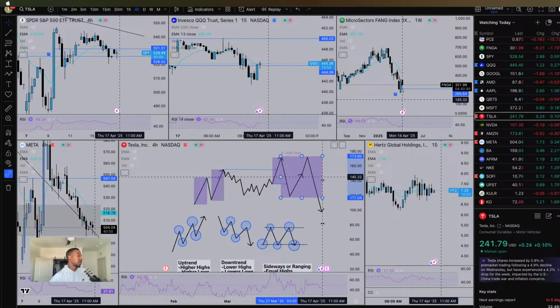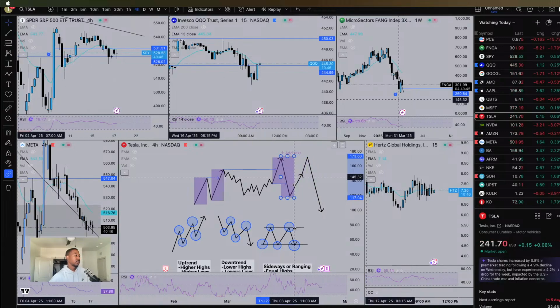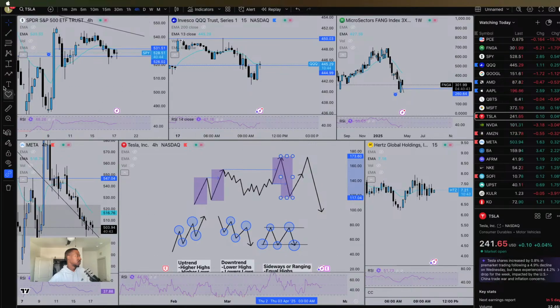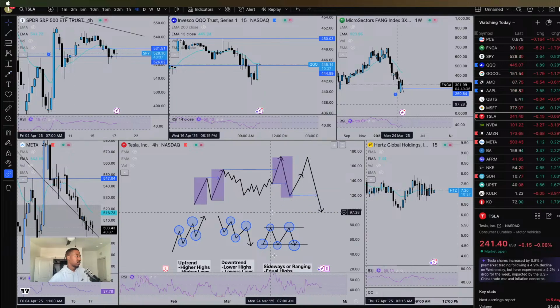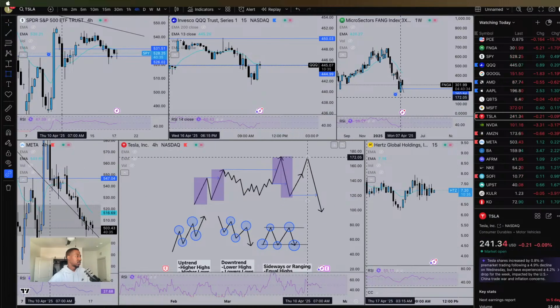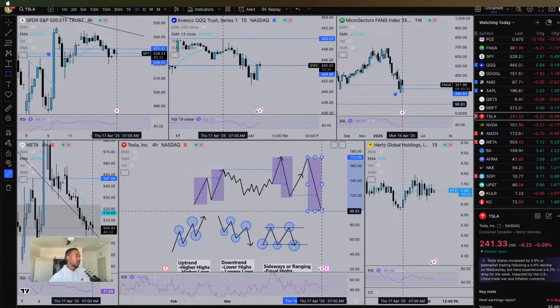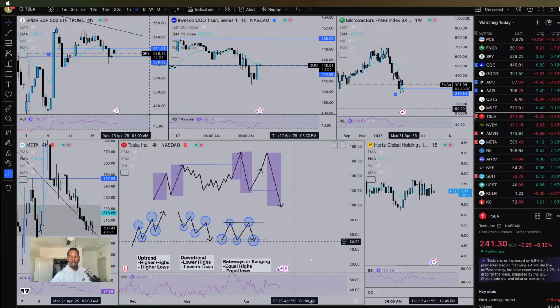Everything between this, if we extend it, that's going to be the range. But once again, as we break, this is going to form the new range.